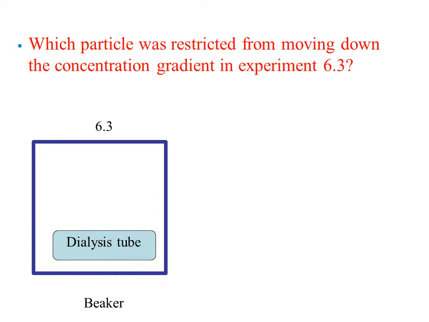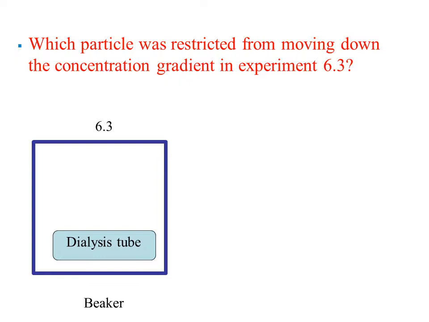Which particle was restricted from moving down the concentration gradient in experiment 6.3? Remember, you had a beaker that had water in it. The dialysis tube had water and a carbohydrate. The carbohydrate was starch.